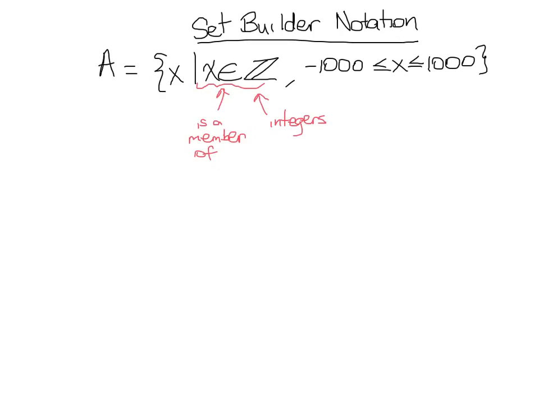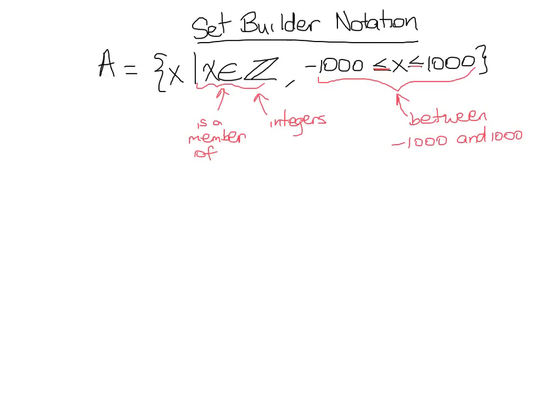So x is a member of the set of integers, and then over here our notation tells us where the values are. It tells us that the values are between negative 1,000 and 1,000, and because we have the less than or equal to symbols here, that means it also includes negative 1,000 and it includes 1,000.